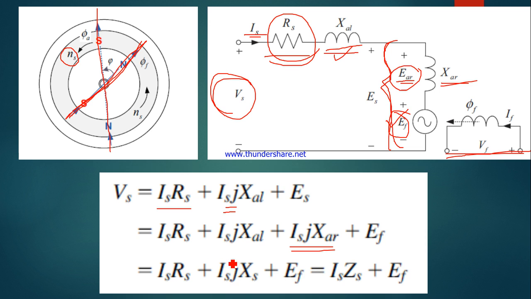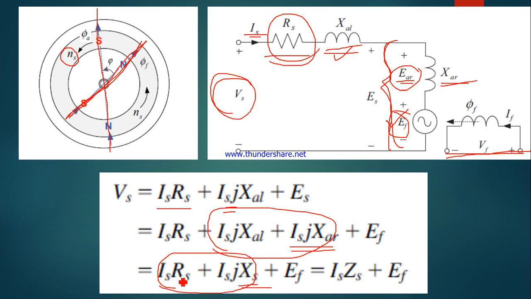So now, taking JIS common from these two terms, inside it will be XAL plus XAR, which is your total stator reactance. Now you know your Z is equal to resistance plus the reactance part.